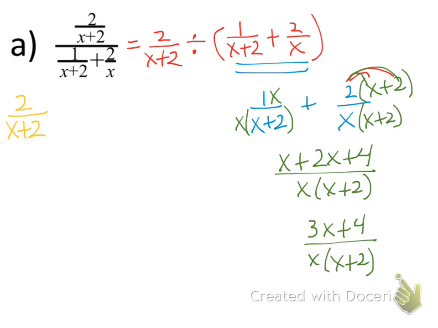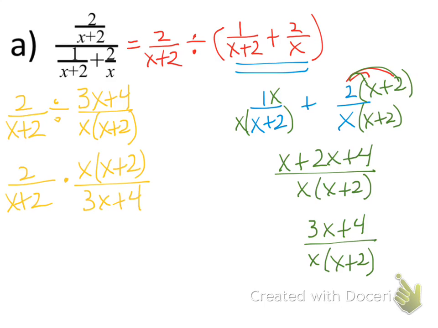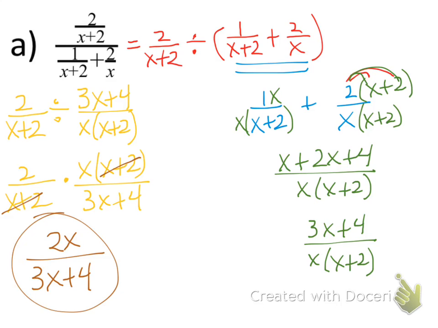So I've got 2 over x plus 2 divided by that second fraction that we now can flip and change this to multiplication and flip that second fraction. Now we can see that we can cross off these like terms in the numerator and denominator, the x plus 2, and we're left with 2x over 3x plus 4.